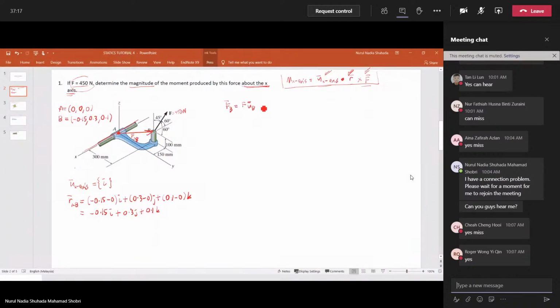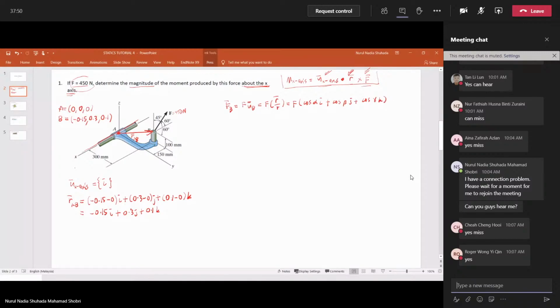So this is the formula we used previously, but we also have another formula to calculate the unit vector of the force, which is cos alpha i plus cos beta j plus cos gamma k.